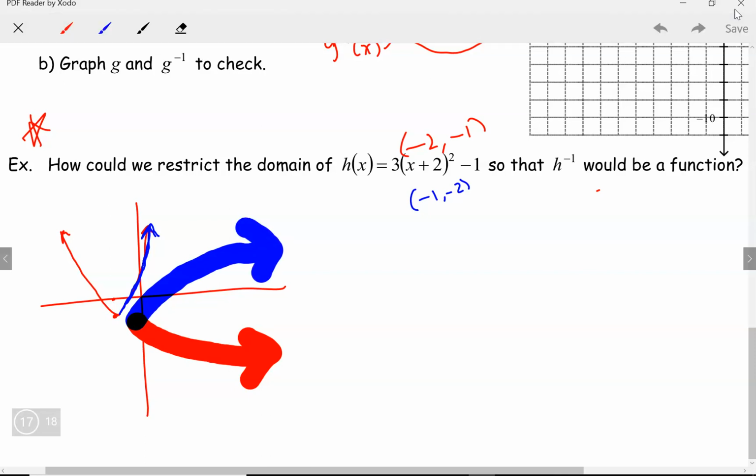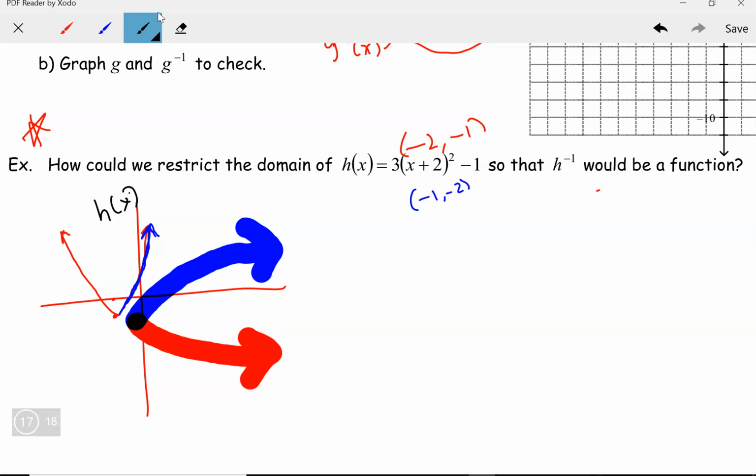And the idea here is, this blue line from our original function, h of x, mapped onto our thicker blue line. Or did it? I can't tell. Yeah, I think it did. Sorry, I got confused for a second, but it does.